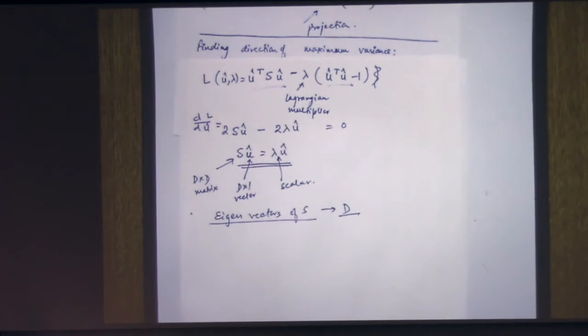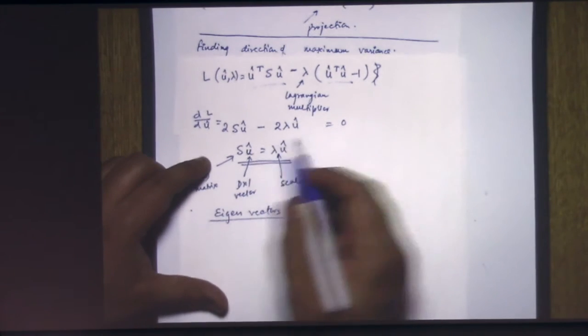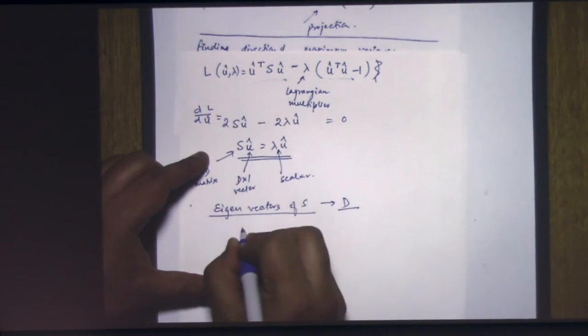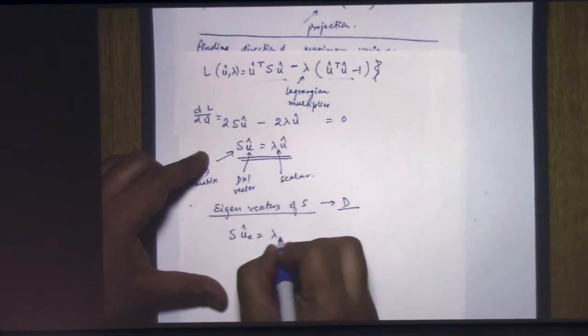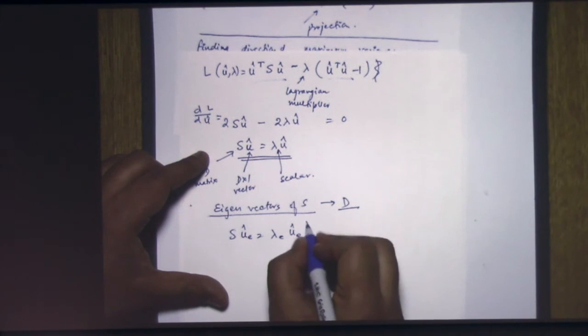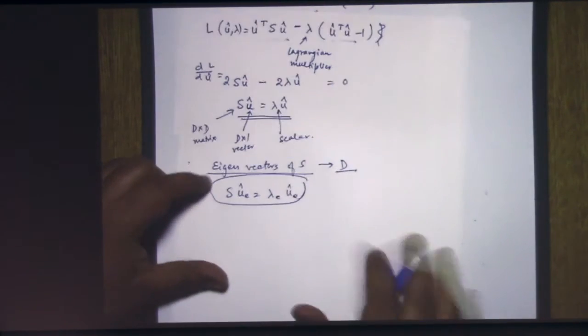If you remember, any eigenvector, let's say there is an eigenvector UE, it will satisfy this and it will have a lambda UE, right? So lambda is the eigenvalue.